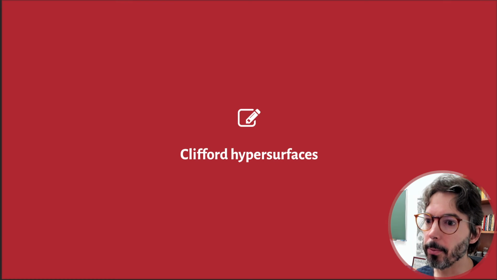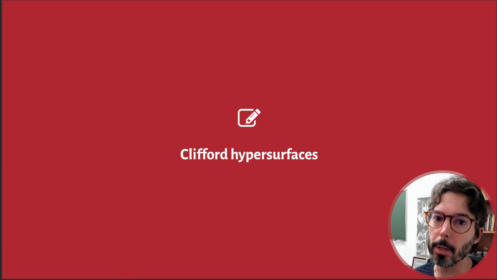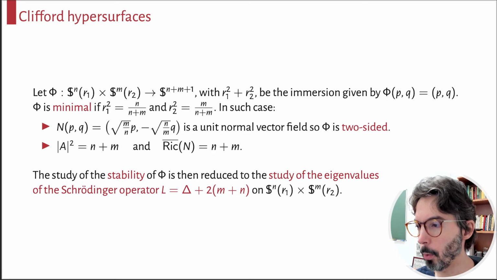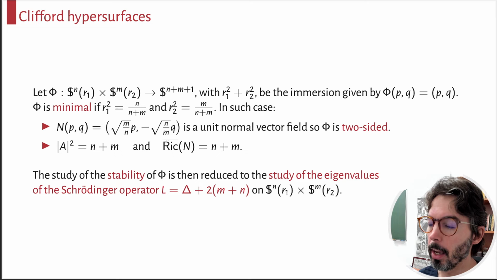The last example in this talk is going to be the Clifford hypersurfaces, which are the following ones. I consider the product of two spheres of different dimensions n and m with radii r1 and r2 in the sphere of dimension n plus m plus 1.